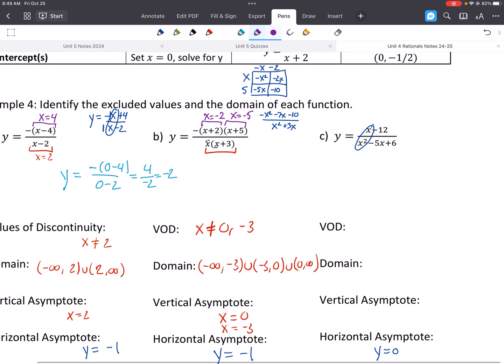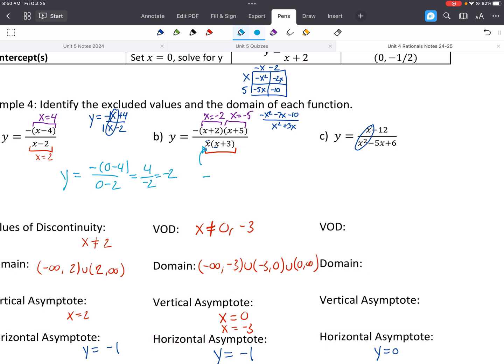And then the last thing is the y-intercept. Again, we just set everything equal to 0. If you see an x by itself in the bottom, when we put 0 in, it will give us an undefined.